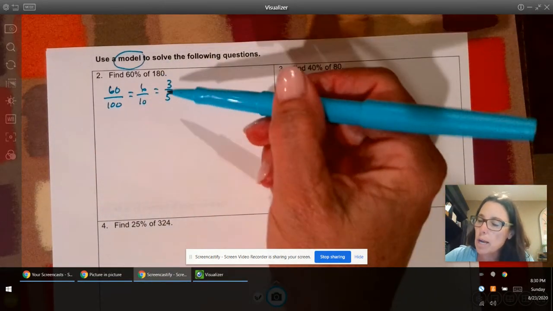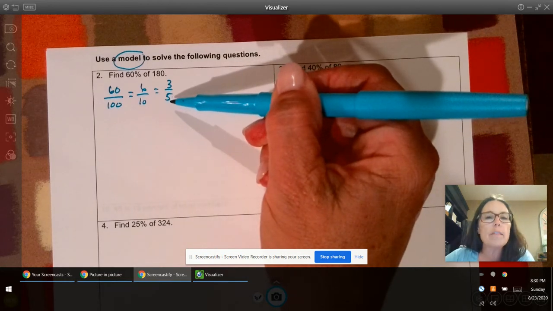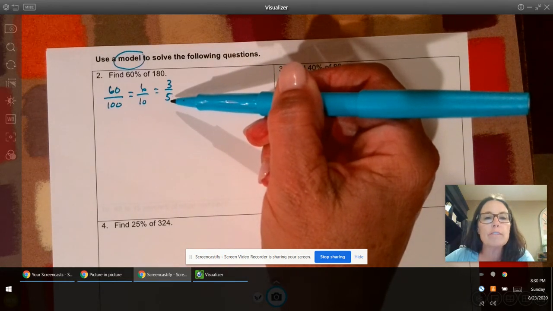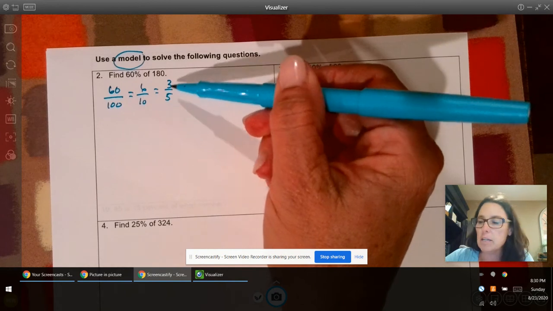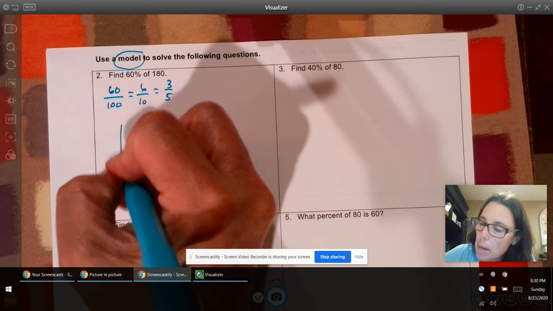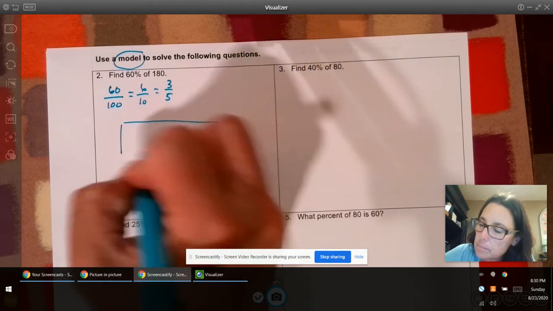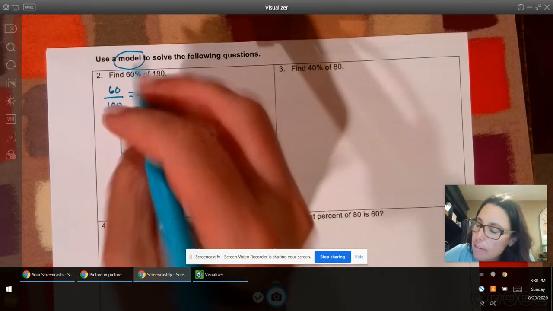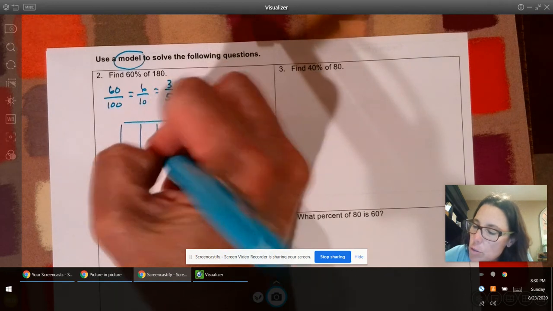So I'm going to have a bar that has a grand total of 5 boxes in it, and I'm going to be looking at 3 of them. So I've got my bar, 5 boxes. 1, 2, 3.